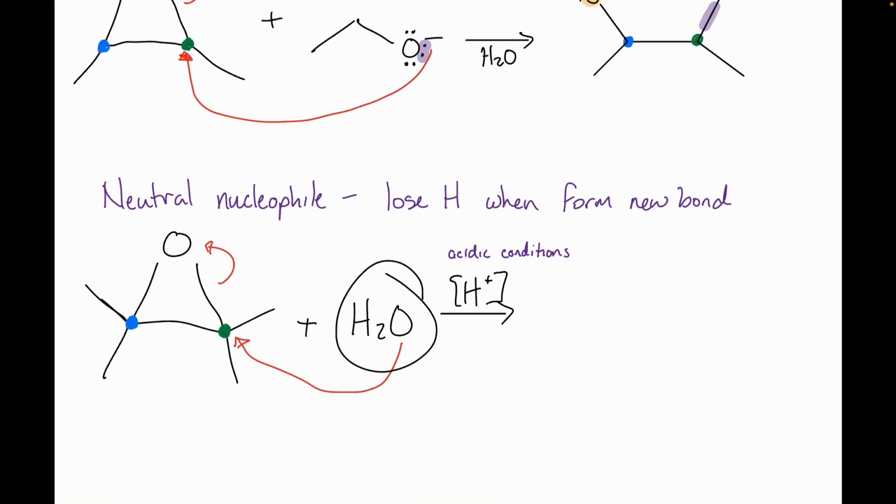But when I attach this, I'm not going to attach it as H2O. I'm just going to attach it as OH, one hydrogen. It's got to lose a hydrogen when we add it to our epoxide. So again, start with my 2 carbons. Each of them now have 2 methyl groups sticking off of there.